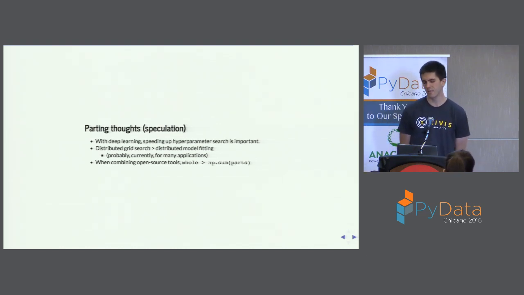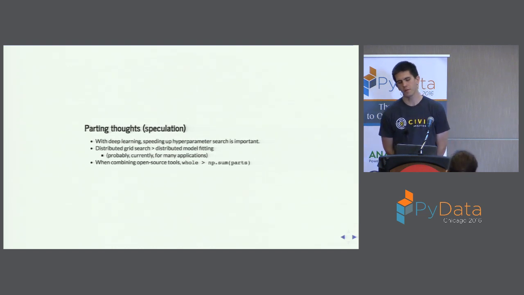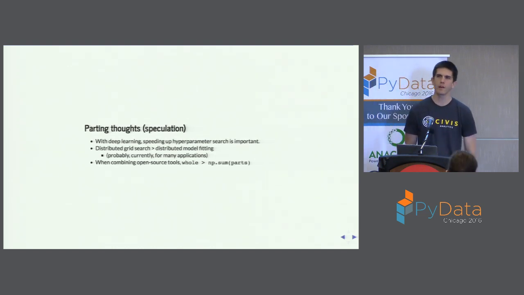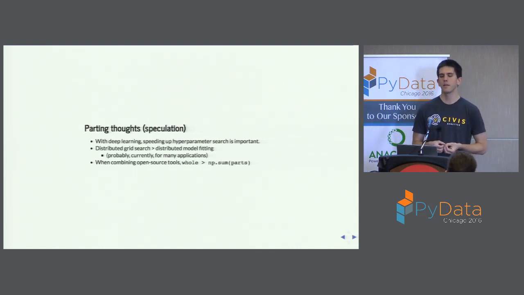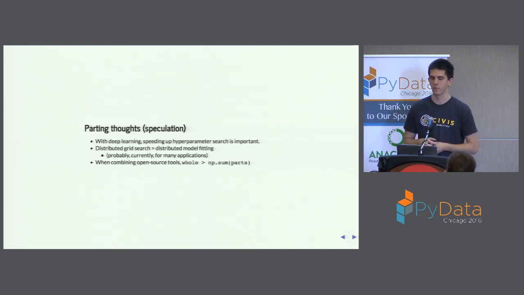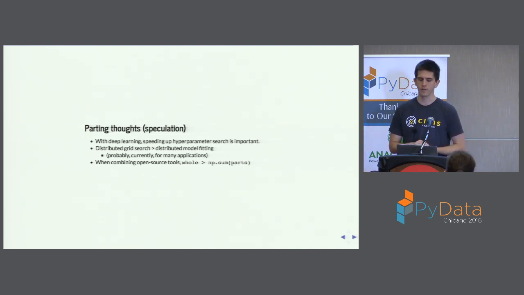And my opinion is that for most people, for most applications, figuring out how to do the very simple, easily parallelizable distributed grid search is probably more important than figuring out a more complicated process of how to distribute the actual model fitting procedure, which is another thing that machine learning researchers are actively investigating.